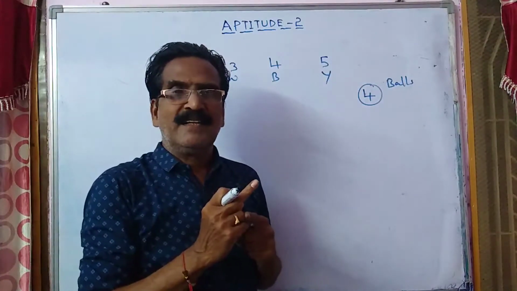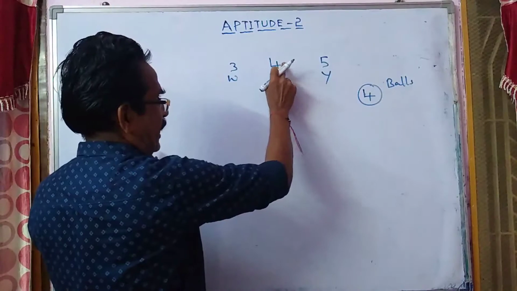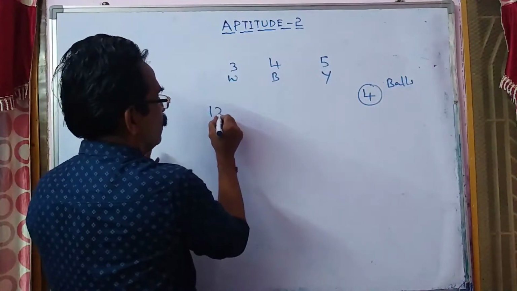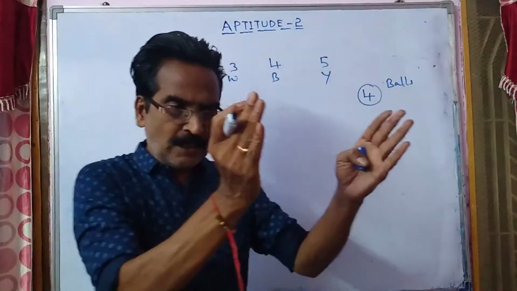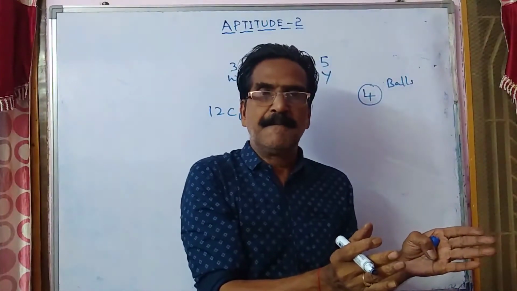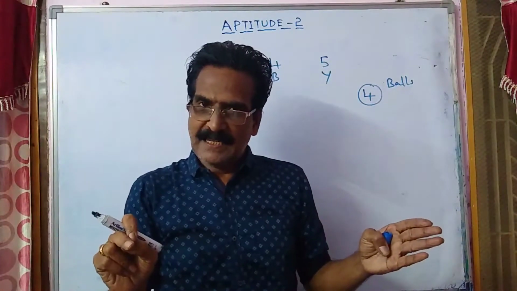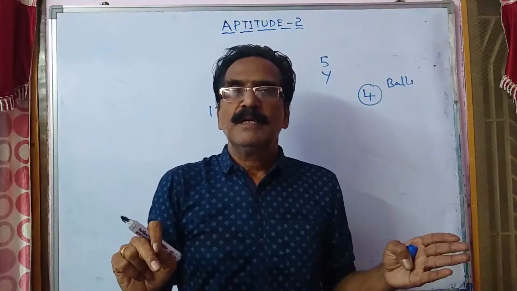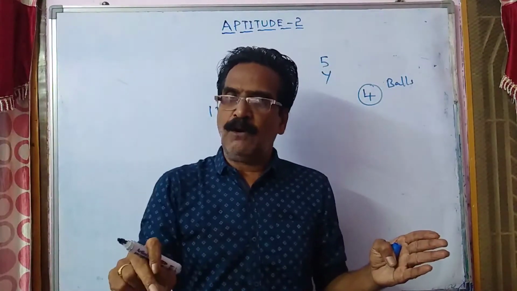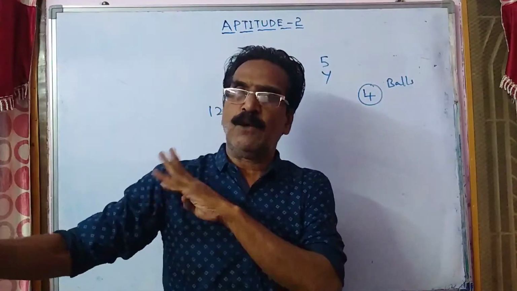Total how many ways? 5 plus 4, 9 plus 3, 12. Total 12C4. Total number of selections minus number of selections without yellow. So the difference gives you at least one yellow.